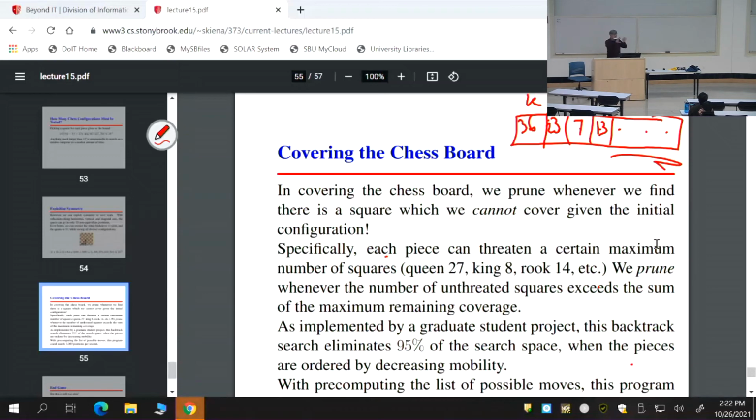My goal here is to try to find a solution that covers all 64 squares, or equivalently prove that it doesn't exist.